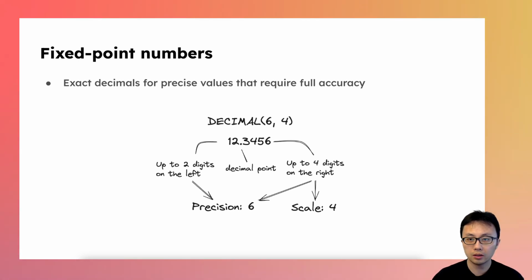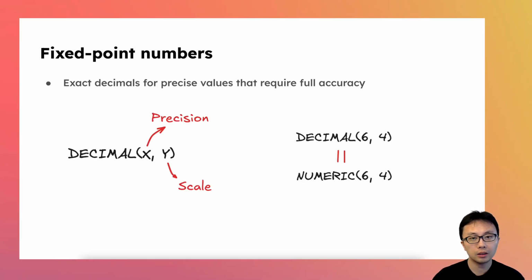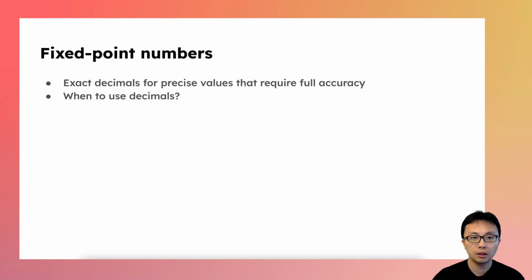Its precision is 6, and the scale is 4, and it guarantees exact accuracy for numbers with the same precision and scale. To define the data type of an attribute as fixed point numbers, or say decimal, you need to specify the precision and scale. The keywords numeric and decimal are basically the same and can be used interchangeably.